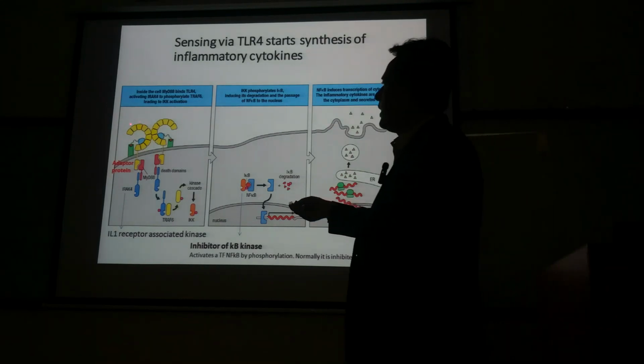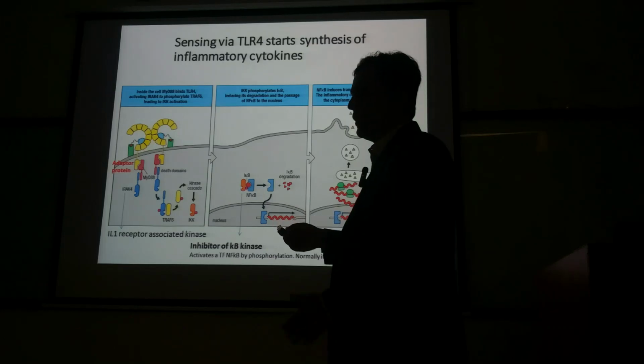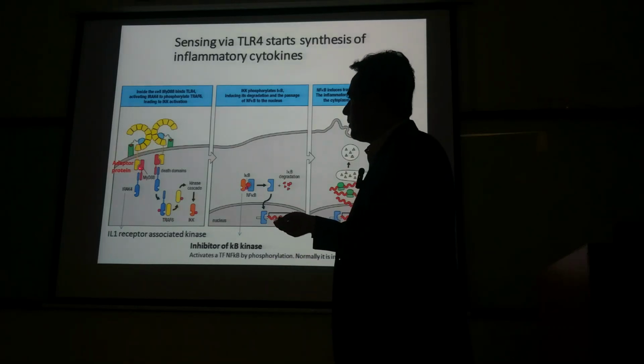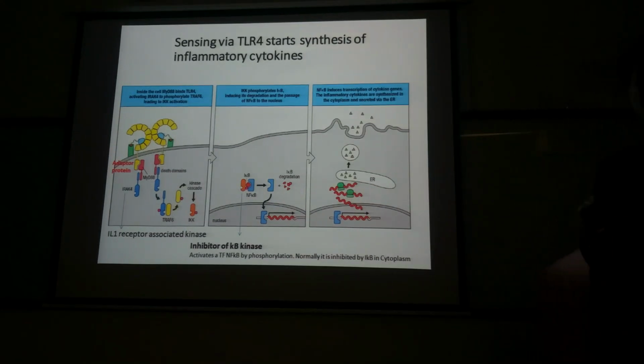So, when this kind of assembly is formed on the surface of the macrophage, it would bring about changes in the TIR domain, which is on the inner side of the membrane, on the cytoplasmic side. This is going to move.